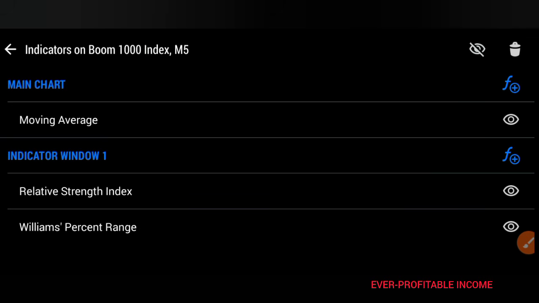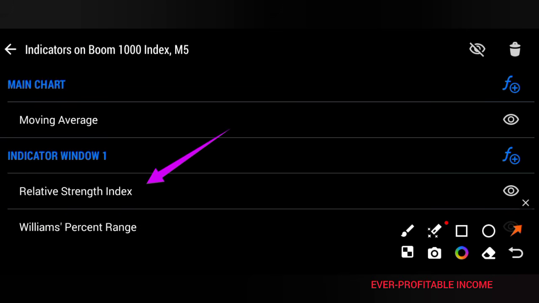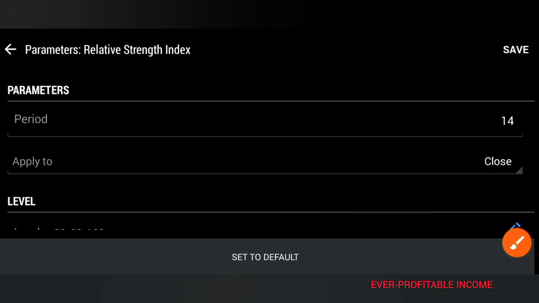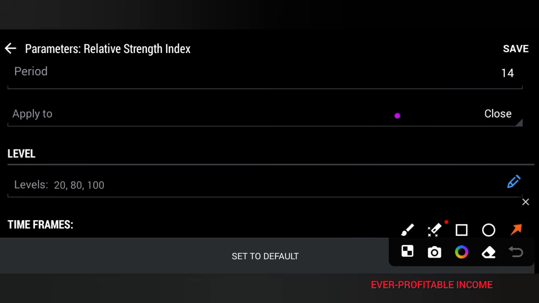Okay, so the next indicator is your RSI. So let's check out the setting of the RSI. The relative strength index is period 14, apply to close, and we have the levels right here: level 20, level 80, and level 100.